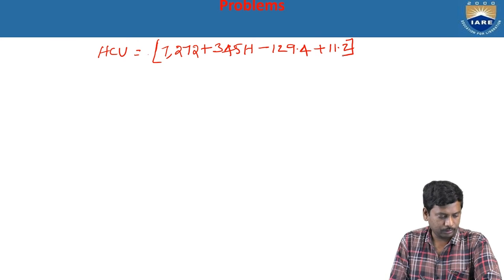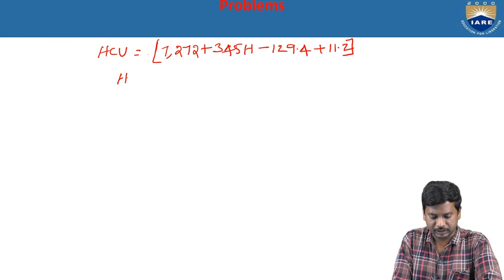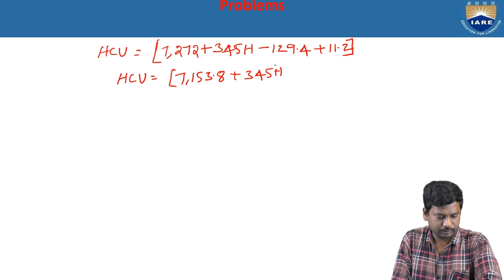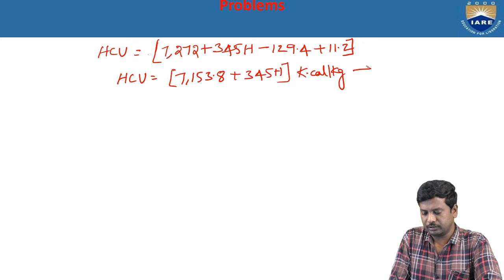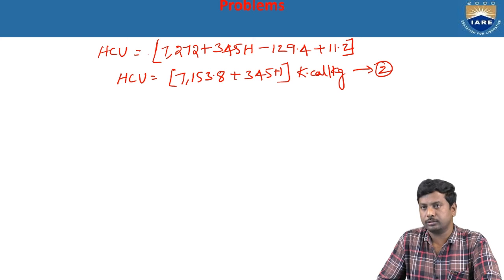So these values become HCV is equal to 7,153.8 plus 345 H. This is also in kilocalorie per kg, and this equation becomes equation 2.